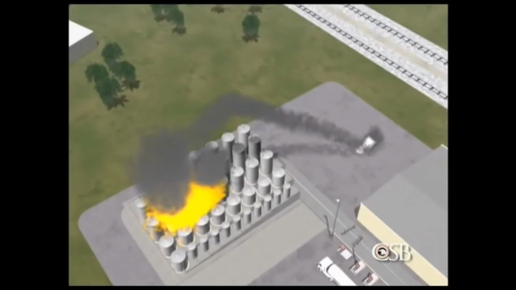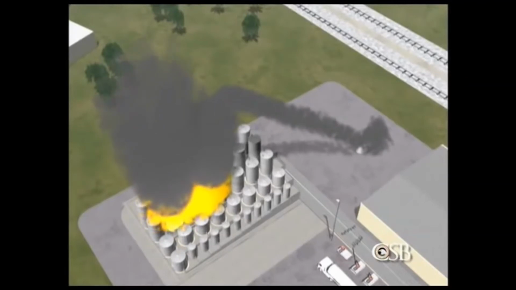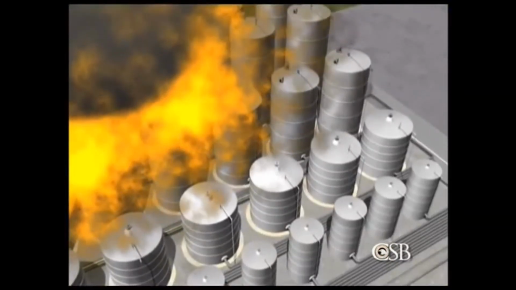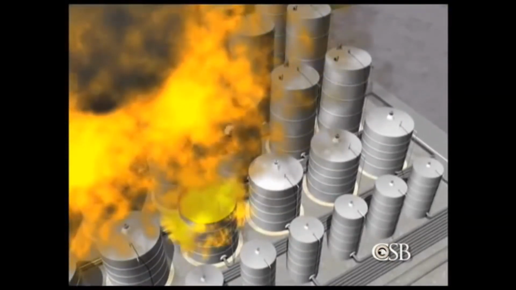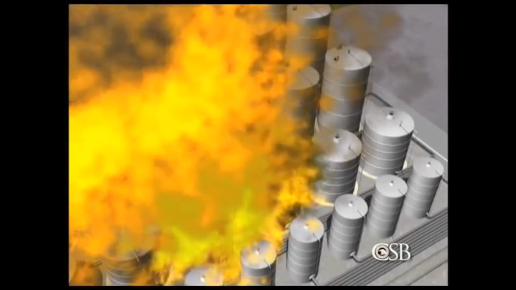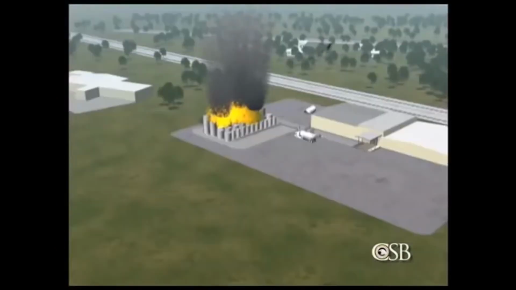The blast sent the storage tank rocketing into the air. 2 more tanks quickly ruptured and released their contents into the rapidly expanding fire. As the fire raged inside the tank farm, other tanks burst and ignited, launching heavy steel tank lids 10 to 12 feet in diameter into the air. 20,000 gallons of flammable liquid were released into the spill containment area.